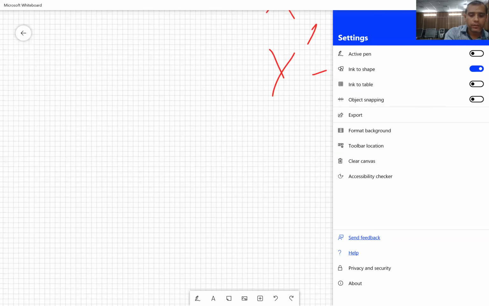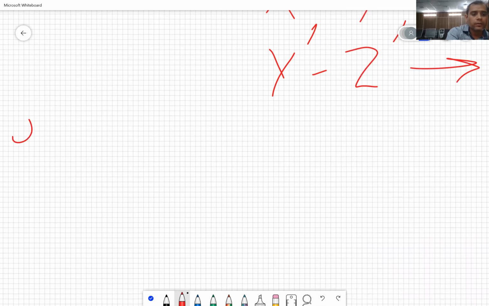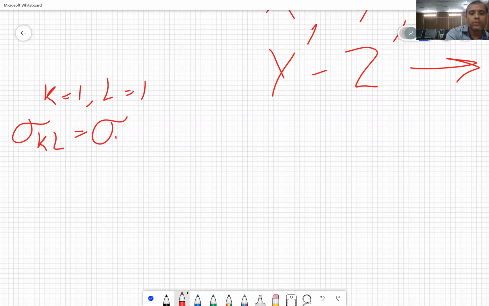So I'm writing this sigma KL. If k is equal to 1 and L is equal to 1, then we have sigma 1 1. The equation is written in the format like that. From equation 2, A11, we only need to put the values of k and L in the above equation 2.